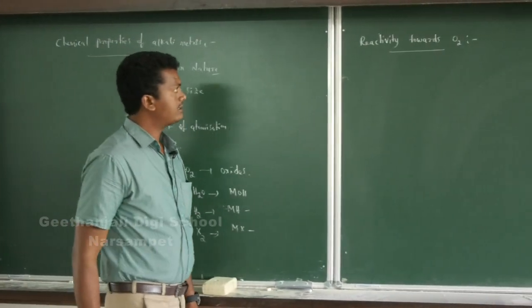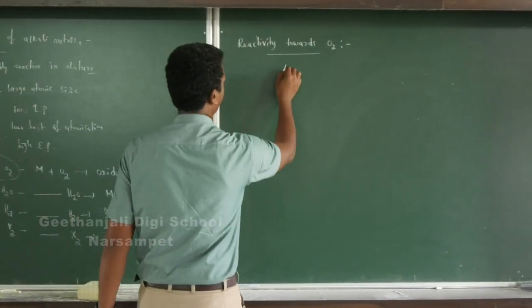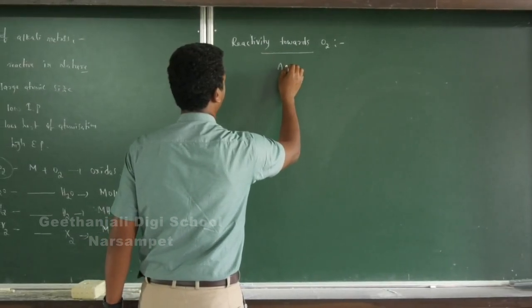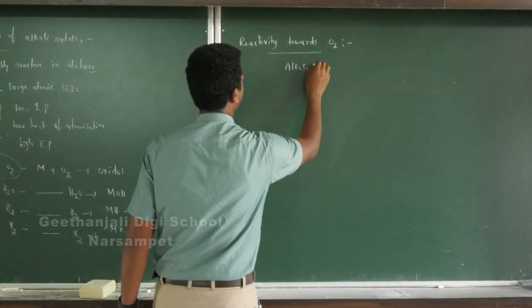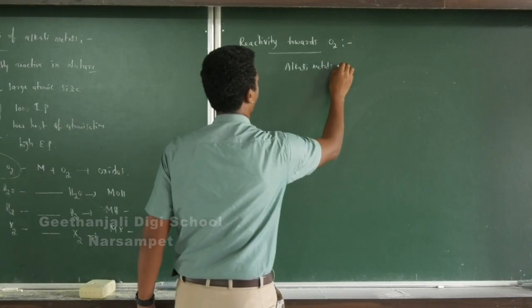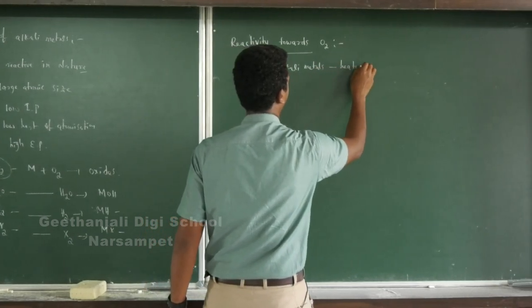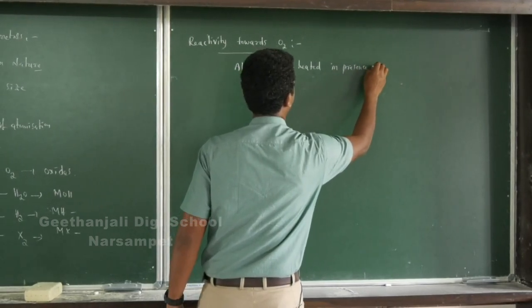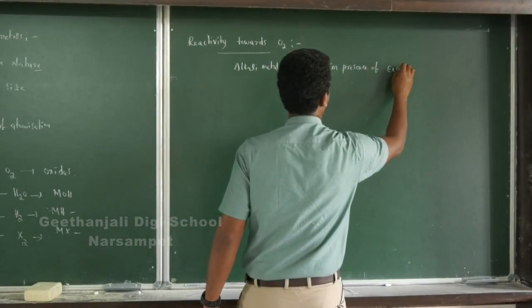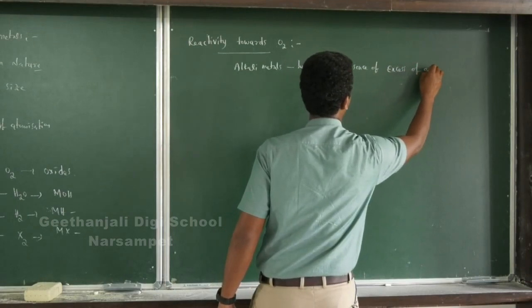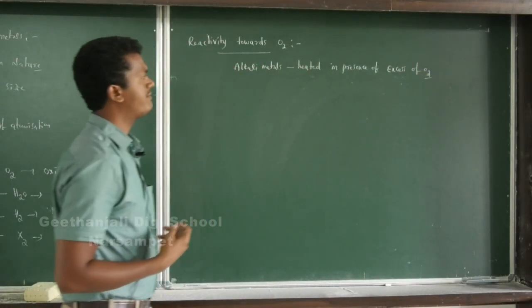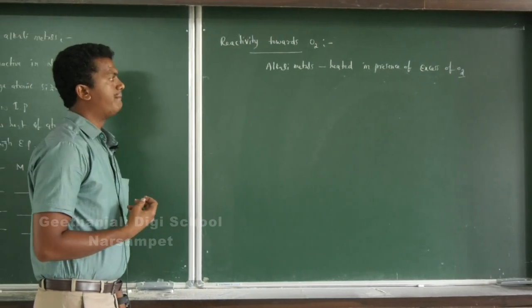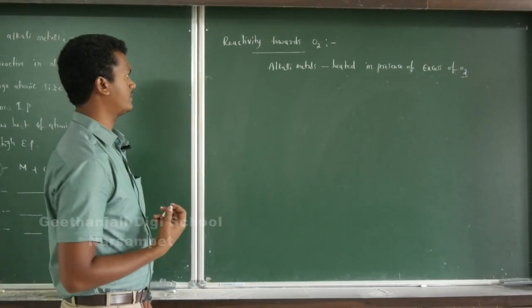When alkali metals are heated in the presence of excess air or excess oxygen, they form mainly three types of oxides.